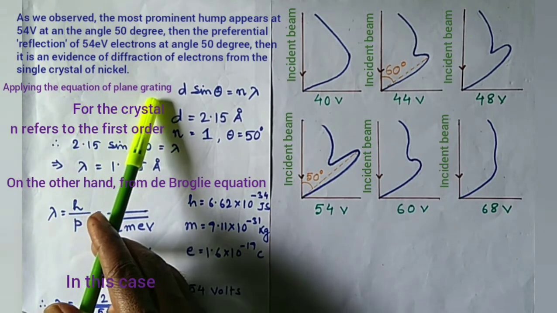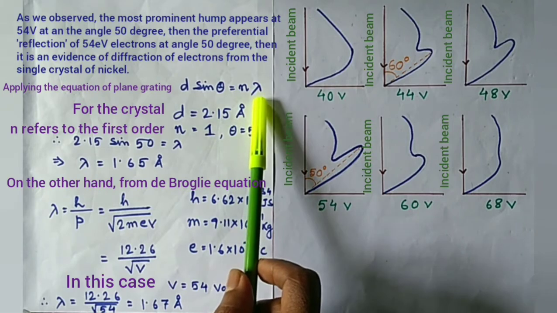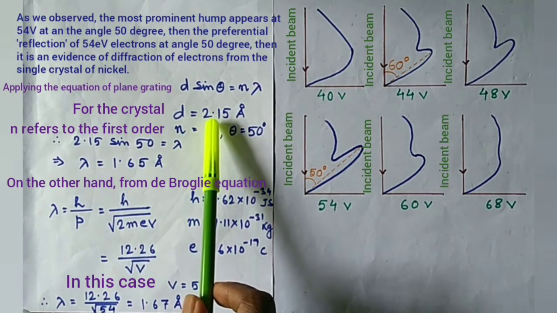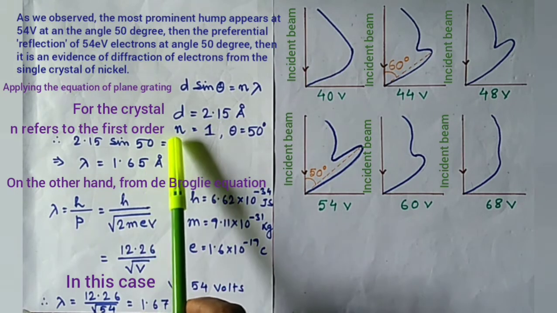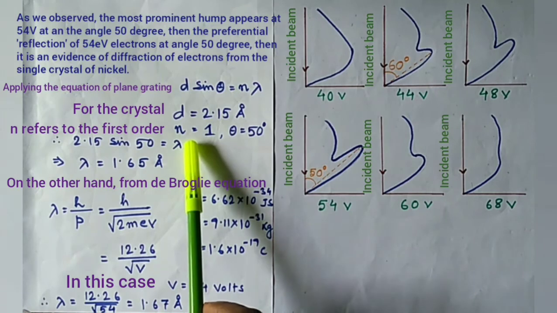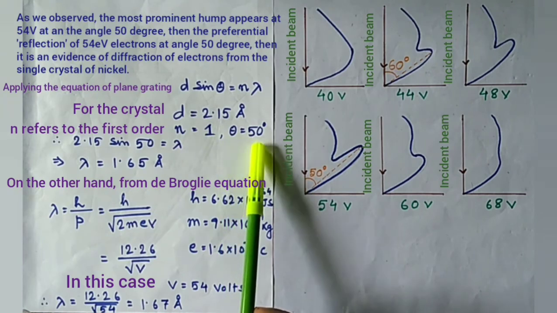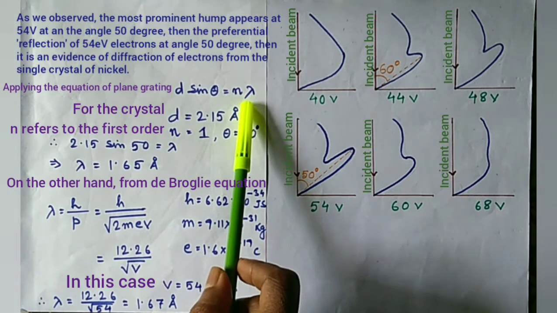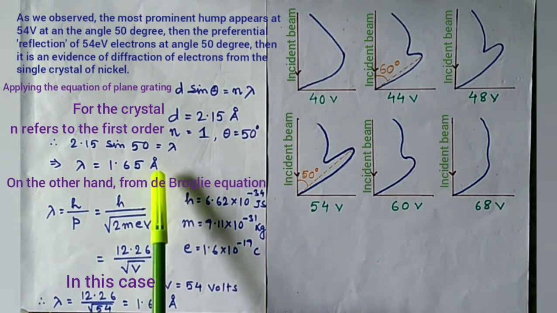Applying the equation for a plane grating, d sin theta equals n lambda. For the crystal, d equals 2.15 angstrom, and here n refers to the first order, so n equals 1, and the scattering angle theta equals 50 degrees. Putting all these values in this equation, we have lambda equal to 1.65 angstrom.